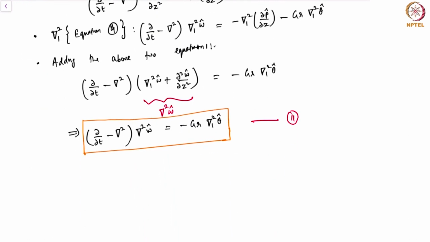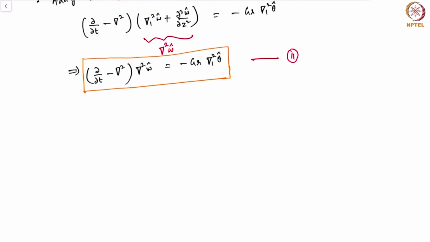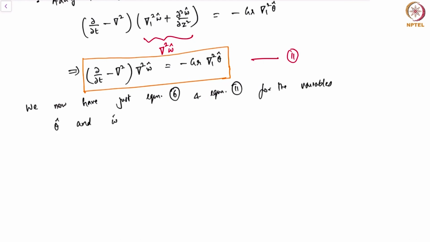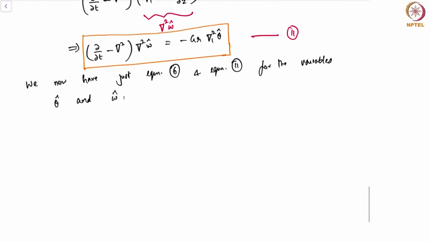Theta hat and w hat. So we now have just equation 6 and equation 11 for the variables theta hat and w hat.